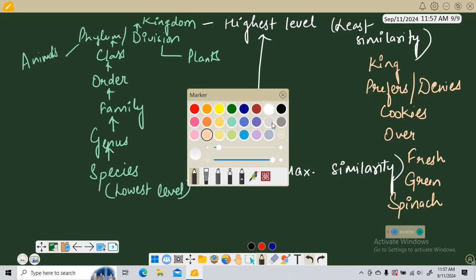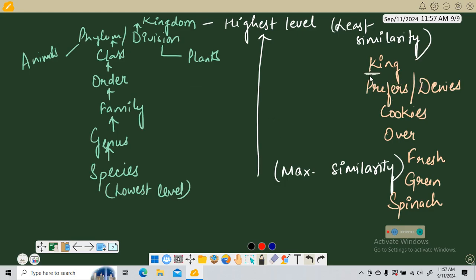So from this chart you can make out K stands for kingdom, P for phylum, D for division, C for class, order, family, genus and species. So king prefers or denies cookies over fresh green spinach. So you can remember this chart.